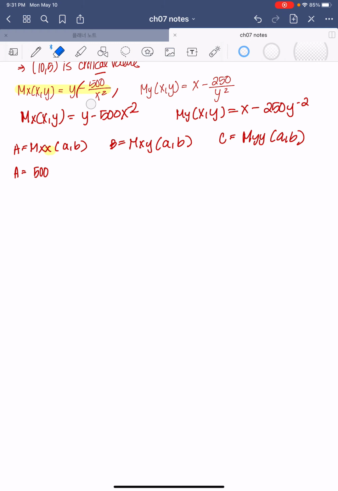So I'm going to have this term disappears because it's y. This one, negative with this negative 2 will make a positive 2. So I'm going to have a positive 2 times 500 x to the negative 3. So in other words, A is 1000 over x cubed.